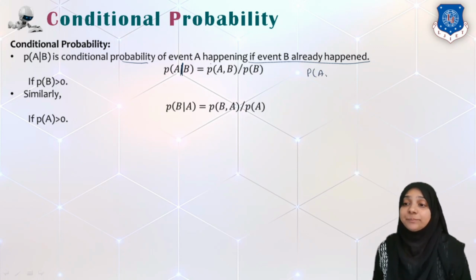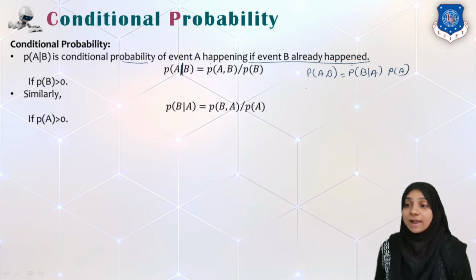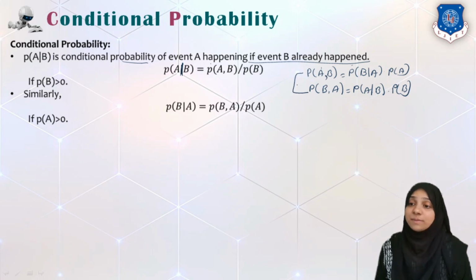We know P of A comma B is equal to probability of B given A into P of A. And we already know that it is also P of A given B into P of B. Now, even in joint probability the order is not fixed. So P of A comma B is equal to P of B comma A.